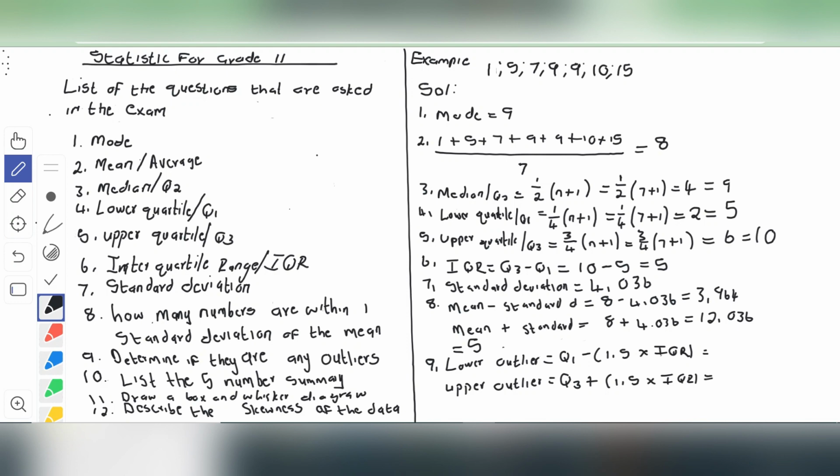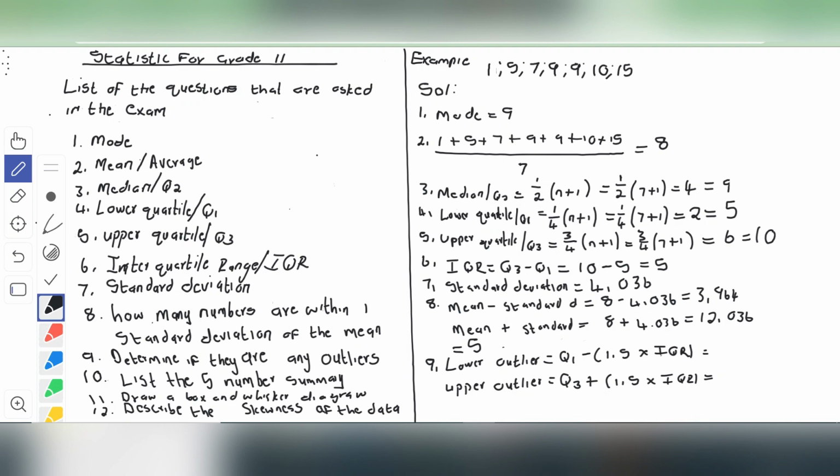So the only difference between the lower outlier and the upper outlier is Q1 and this negative here, because on the upper outlier it's Q3 plus, right? So now we are going to calculate the lower outlier.